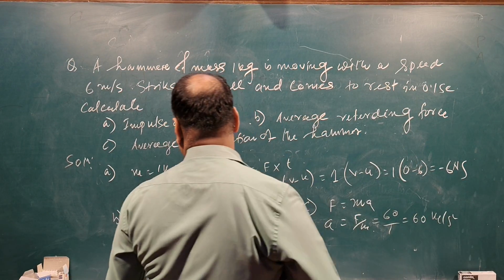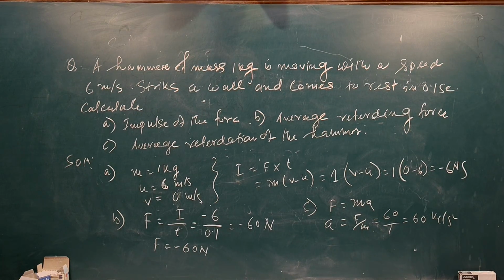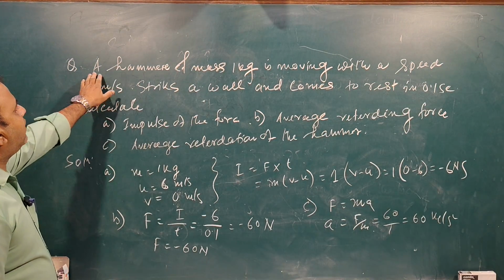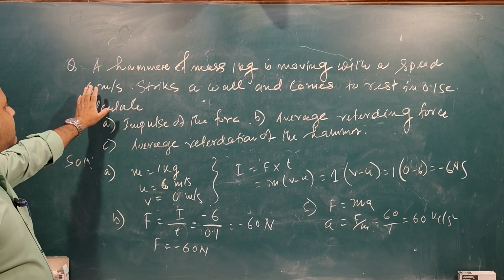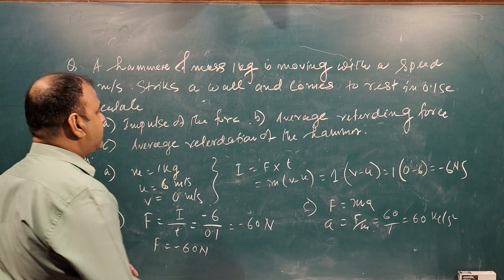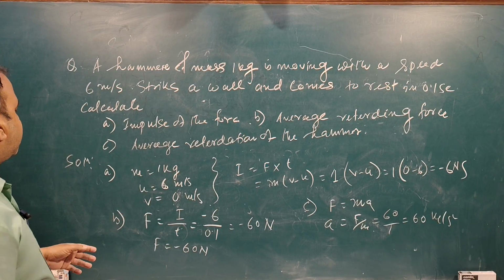So the retardation will be 60 meter per second square. This is the answer for question number 1, a hammer of mass 1 kg moving with a speed of 6 meter per second. In this way you can easily calculate different questions.